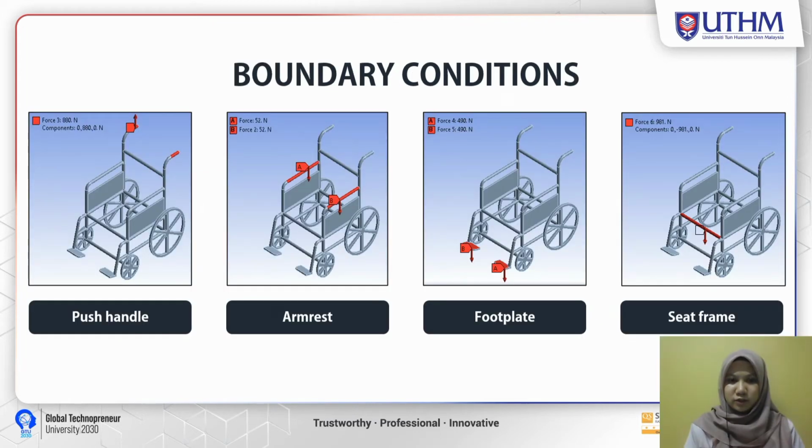Next, for the boundary conditions. The boundary conditions are also taken from the literature. Although static analysis can include constant initial loads such as gravity or rotational velocity and accelerations, the wheel is set as a fixed support as this project mainly focuses on the wheelchair frame. Besides the fixed support on the wheelchair frame, there are four other boundary conditions, which are the force exerted on the push handle, the armrest, the footplate, as well as the seat frame.